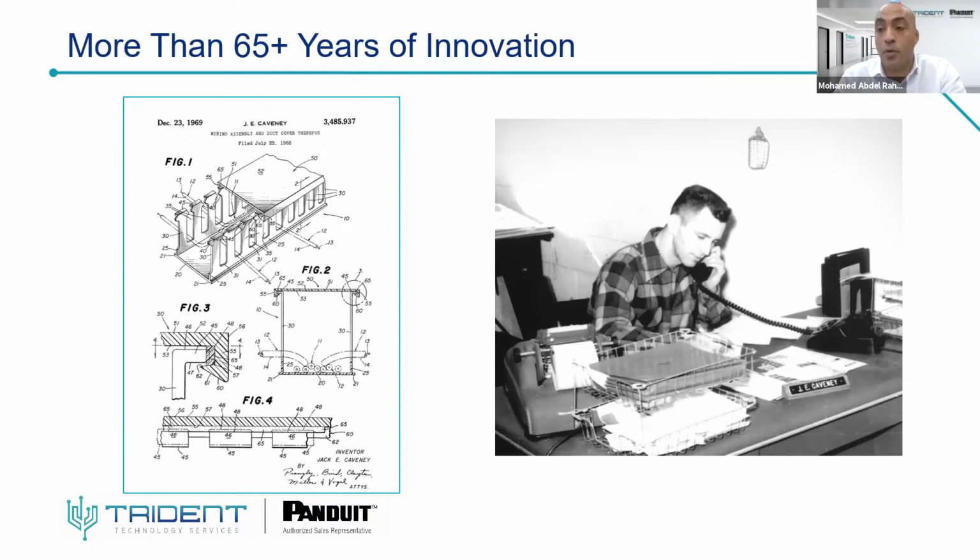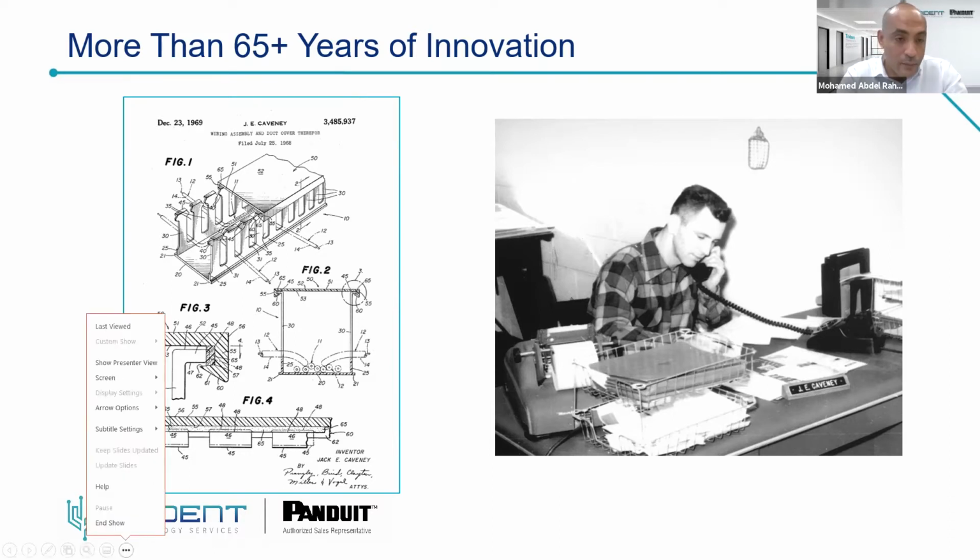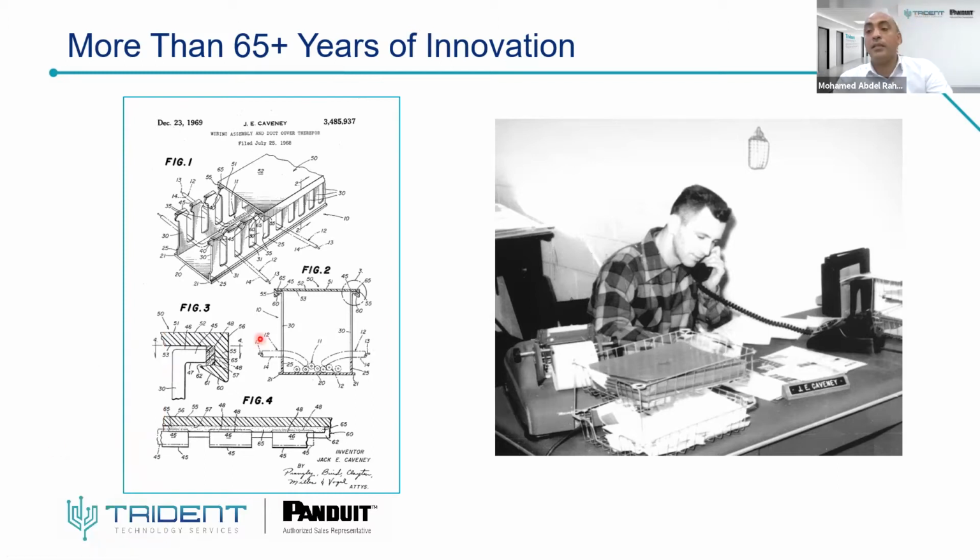And this is the first product from Panduit. This wiring duct is used to organize the control panel wiring and allow for new wiring or move, add, change inside the control panel, for safe and quick installations.